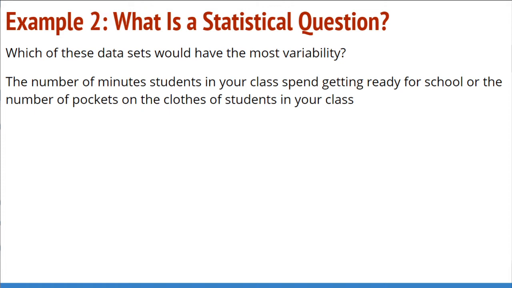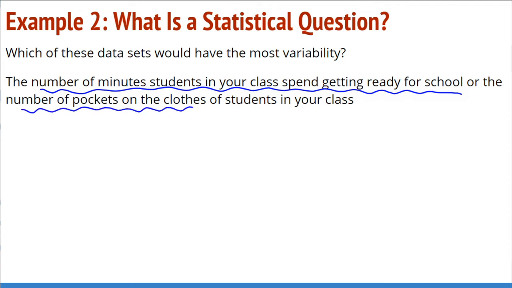Would we expect the greatest variability to be in the number of minutes students in our class spend getting ready for school, or in the number of pockets on the clothes of students in our class? And this would be a great time to pause and to think about this for a minute. Which one of these would probably have the greatest variability?